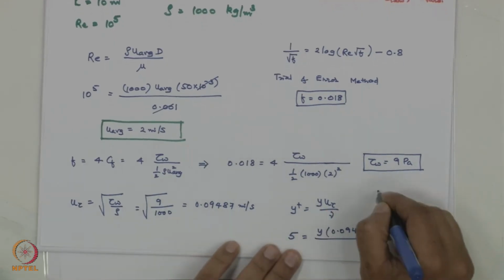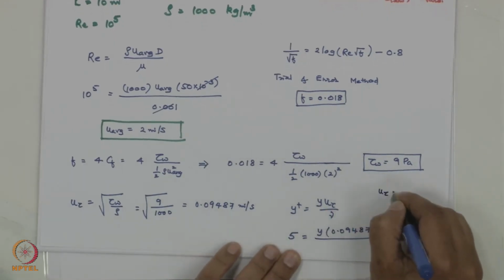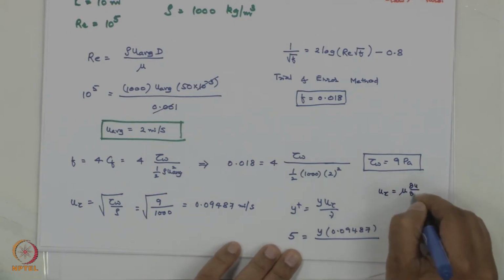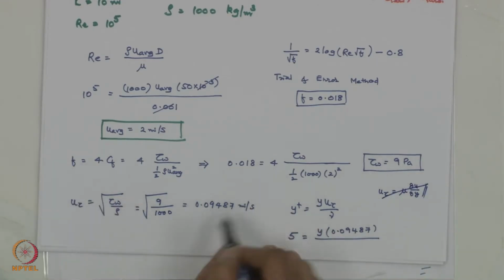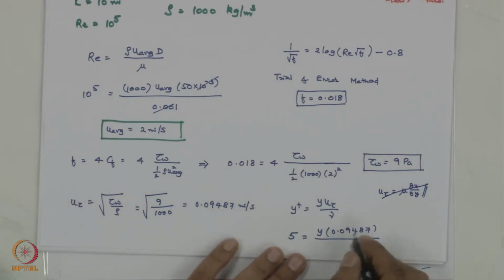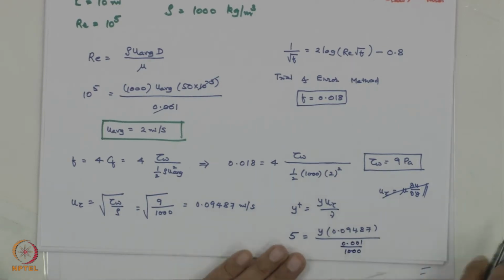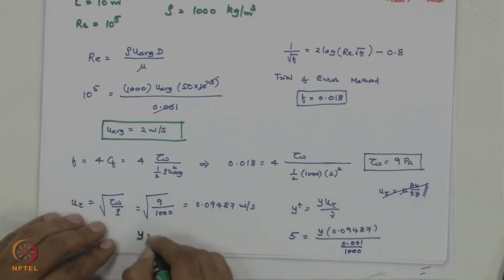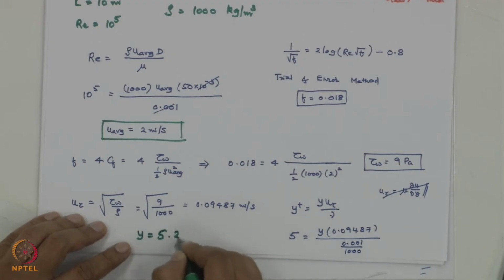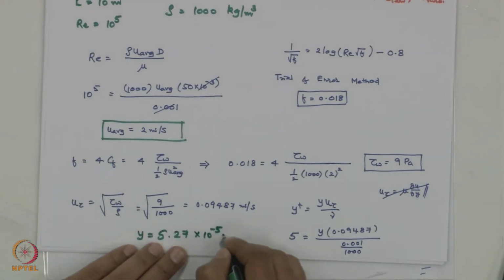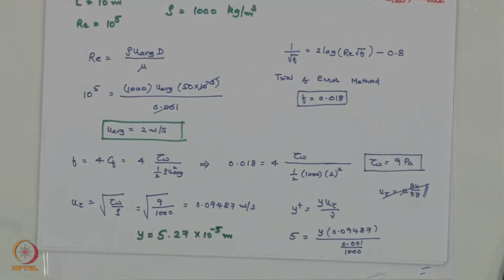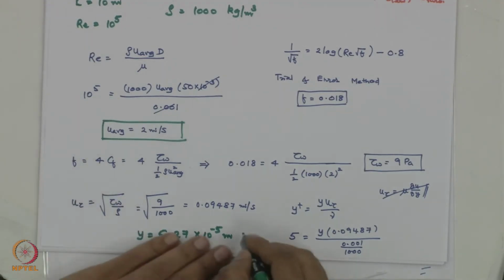Actually, if I have to do it correctly, I have to take U tau equal to mu del U by del Y only, but I am not doing that, I am just taking it directly from F. So you get Y into nu, which is 0.001 upon 1000, that fetches me Y equal to 5.27 into 10 to the power of minus 5 meter. That is in mm, 0.05 mm.